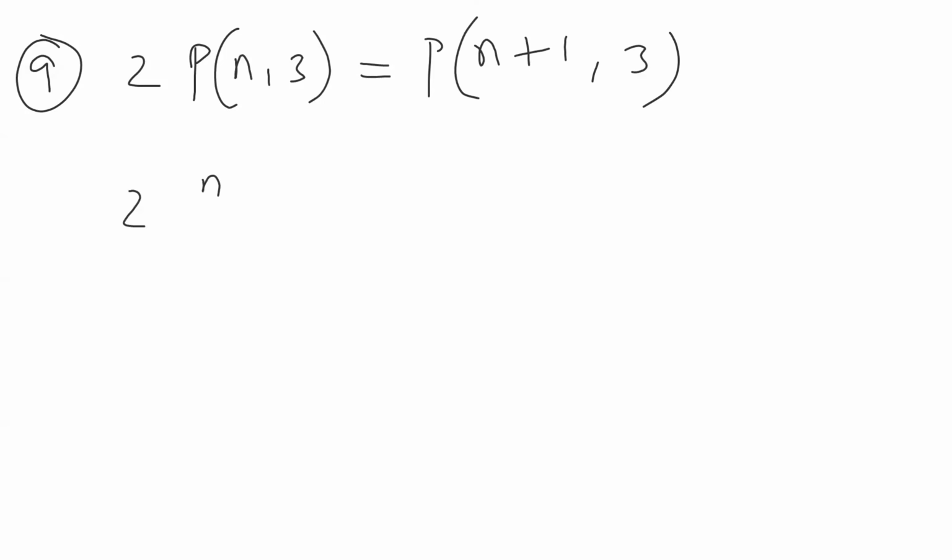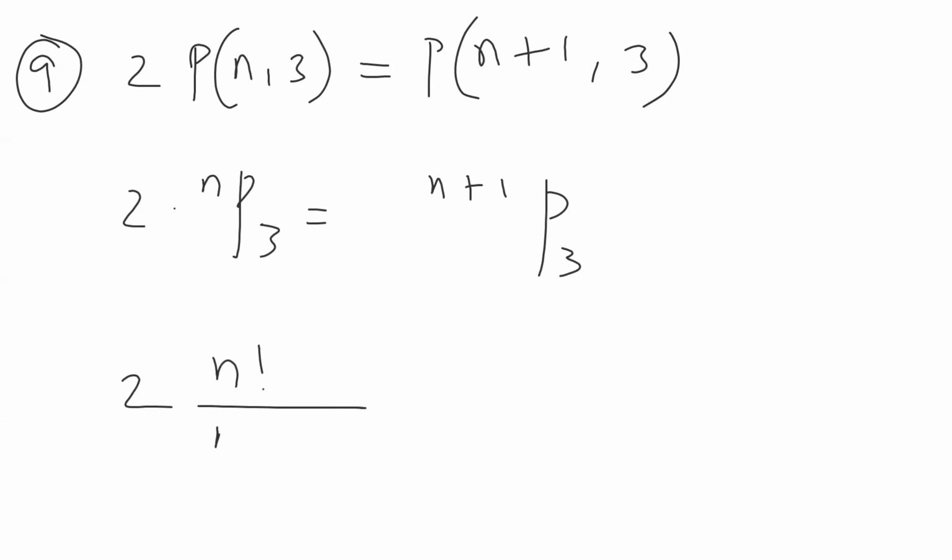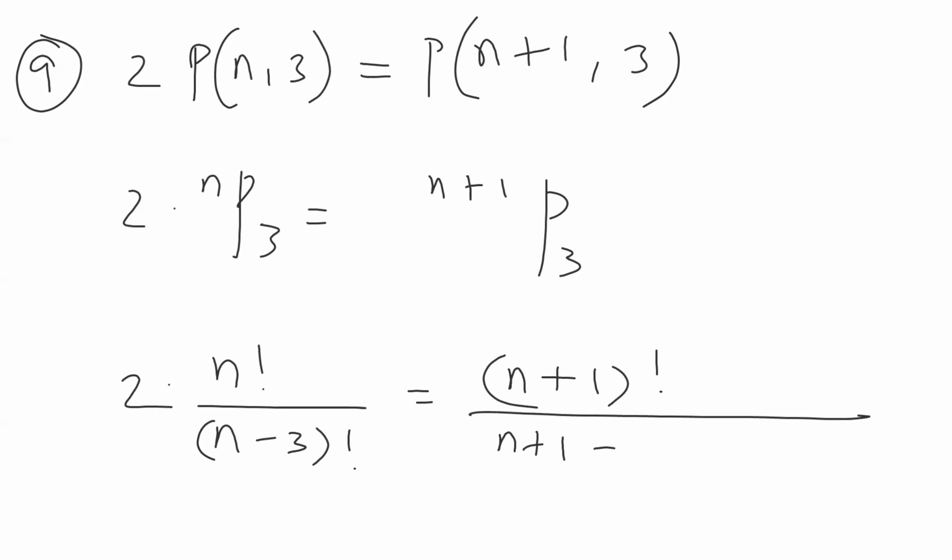So 2 into nP3 is equal to n plus 1 P3. So 2 into n factorial upon n minus 3 factorial equal to n plus 1 factorial upon n plus 1 minus 3 factorial. Okay. So nPr formula I've applied over here, right?